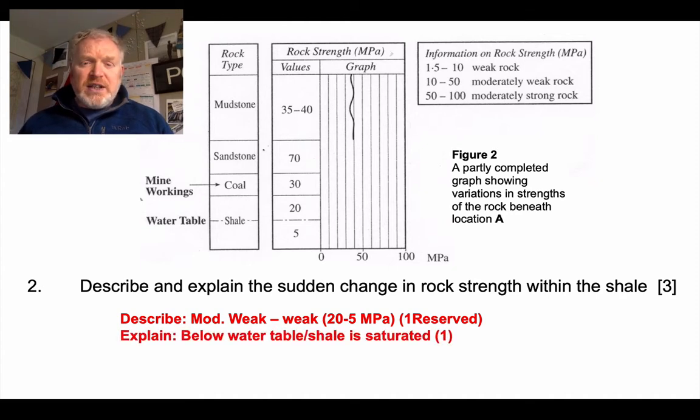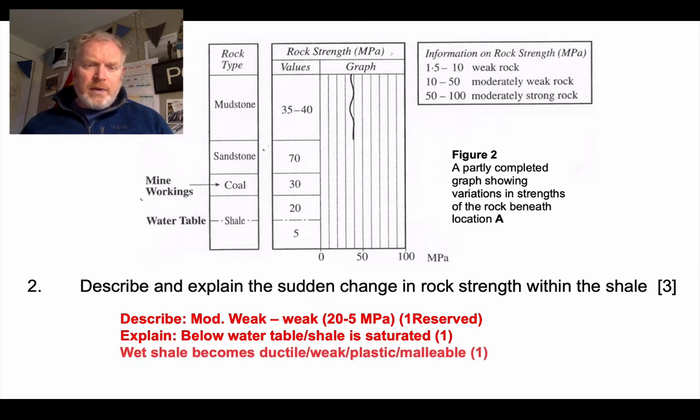The explanation is clearly related to the water table. That change happens at the water table. Above the water table, the shale is stronger, below it's weaker. Wet shale then is going to become more ductile. It will start to flow. You can see that on the cross section where you actually see what we call pillar punching, where the pillars have pushed into the weak shale below the water table.